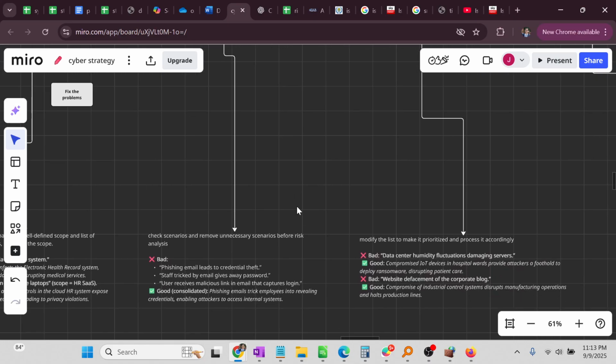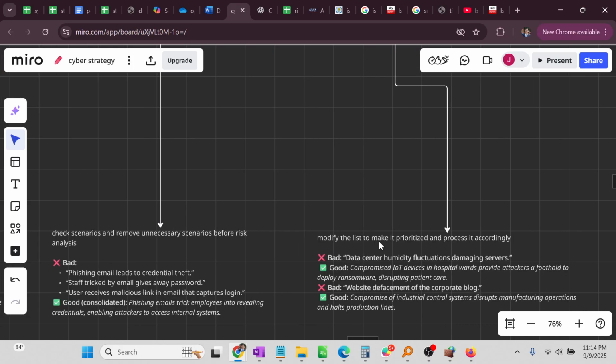So you order the events in the order of importance. The most important threat actors are listed first, and same goes for asset, for effect, and for method. When you modify the list this way, you create it, prioritize it, and you process it accordingly. This makes sure that you address the important risks first.